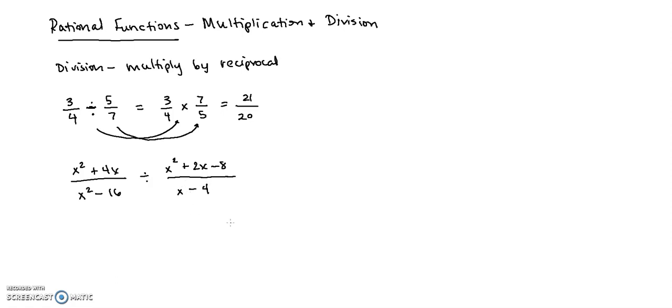The things we need to do here: change this to multiplying by the reciprocal, look for things that cancel, and then do the multiplication.